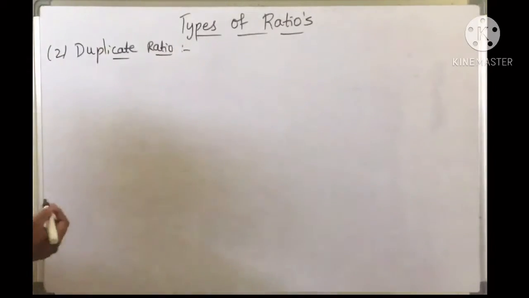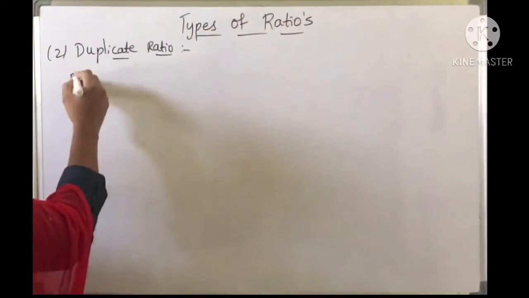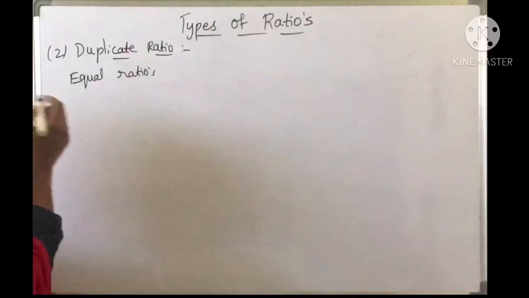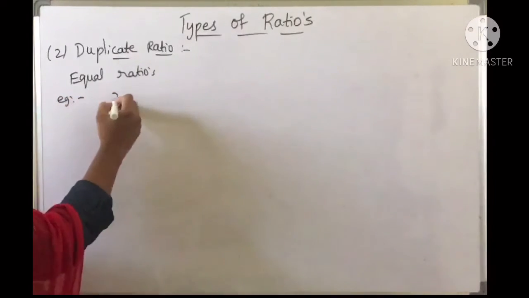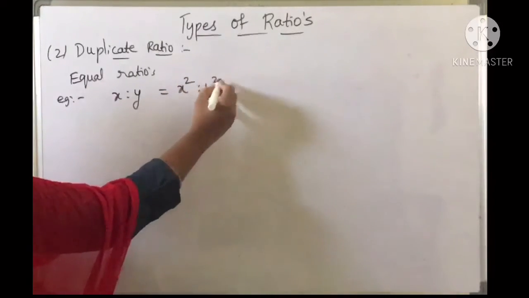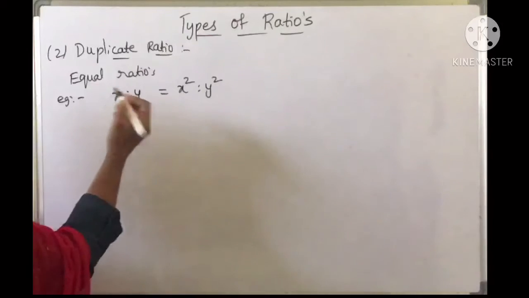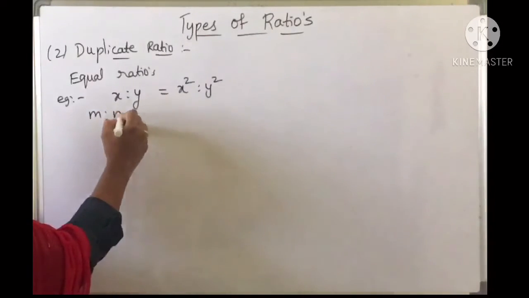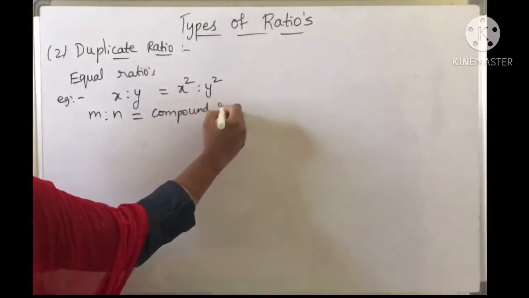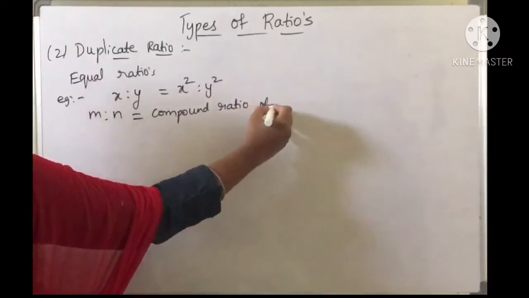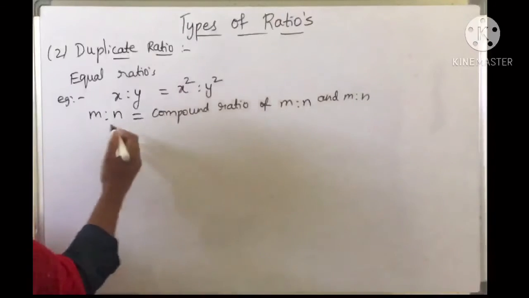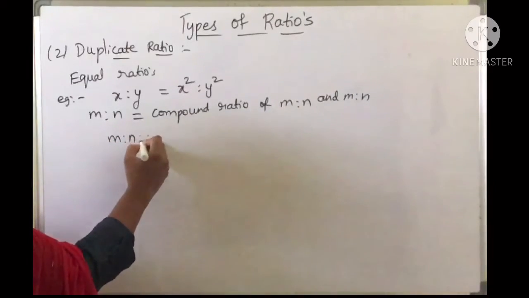Coming to the second one, duplicate ratio. The duplicate ratio is the compound ratio of two equal ratios. For example, the duplicate ratio of x is to y is nothing but x square is to y square. That means the duplicate ratio of m is to n is nothing but the compound ratio of m is to n and m is to n, the same ratio.